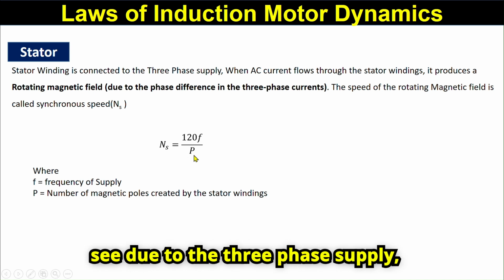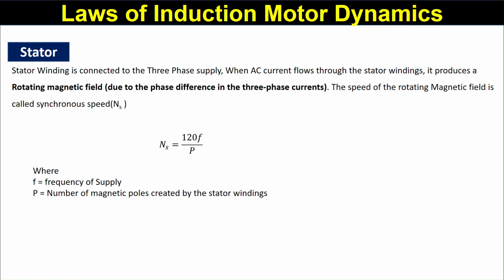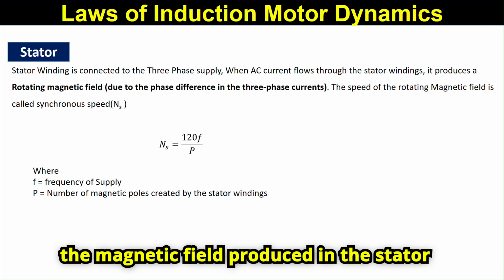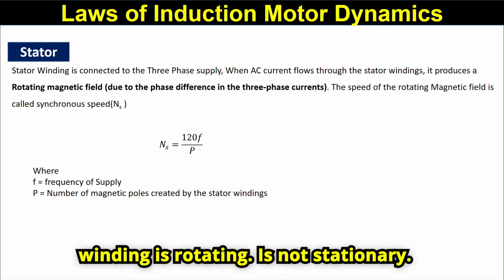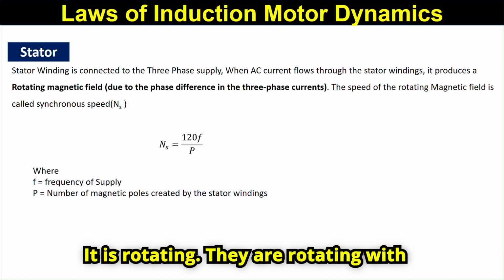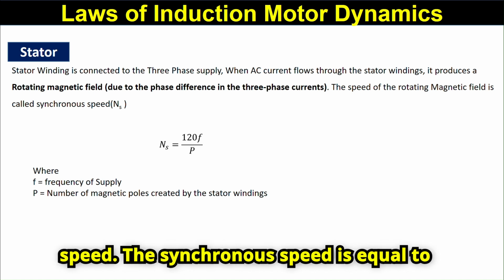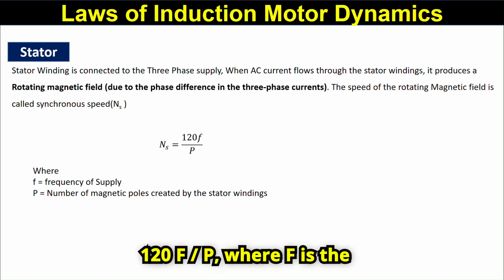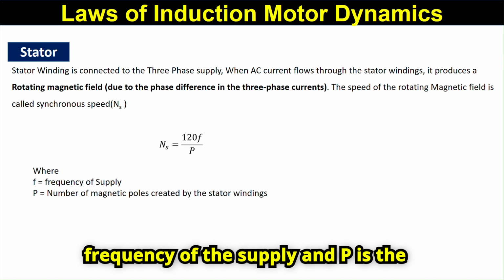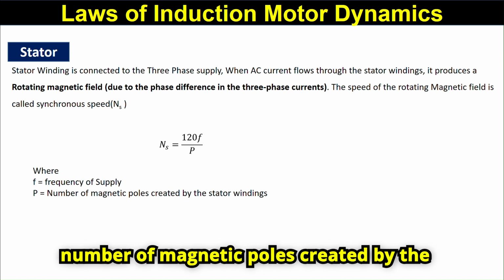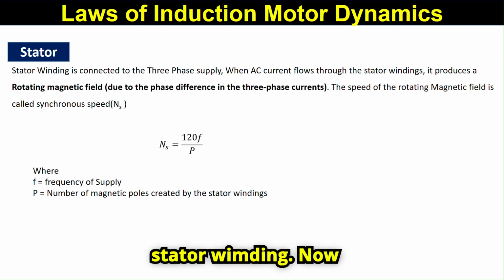So we can see that due to the three-phase supply, the magnetic field produced in the stator winding is rotating. It is not stationary. It rotates at the synchronous speed, which is 120f divided by P, where f is the frequency of the supply and P is the number of magnetic poles created by the stator winding.